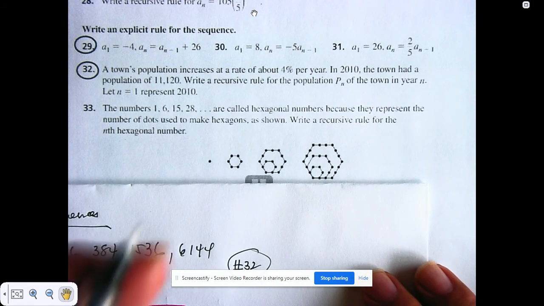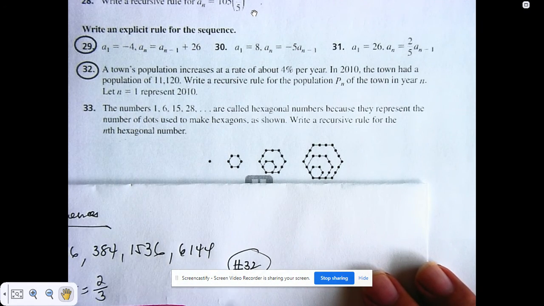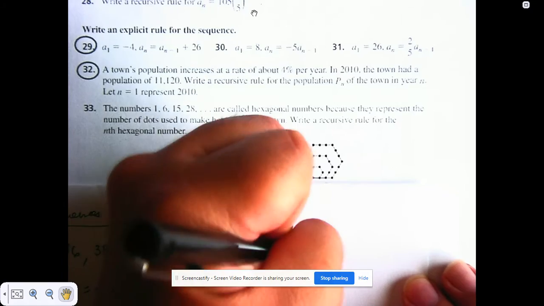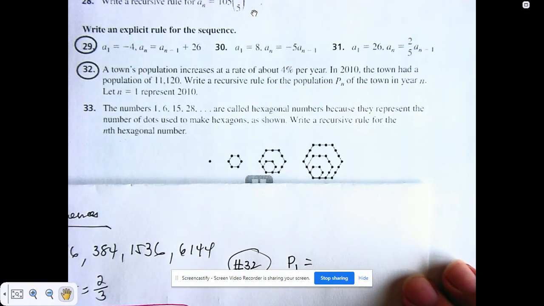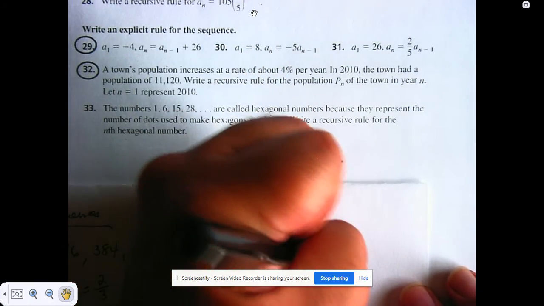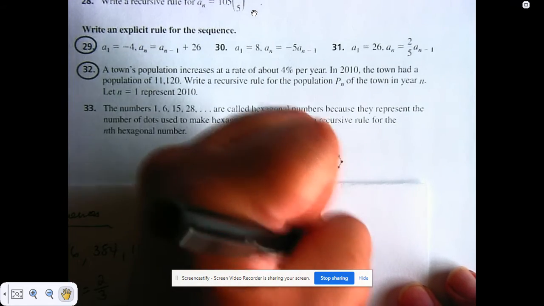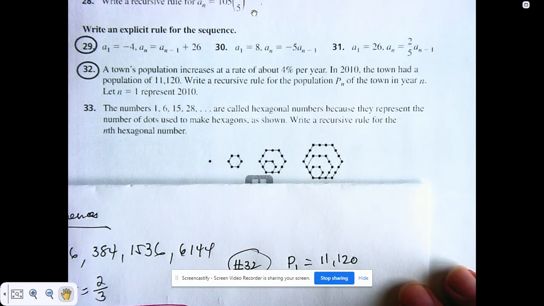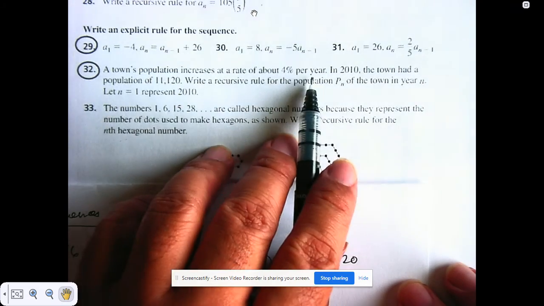Because it's a recursive sequence, the first term is 11,120. Notice it's increasing at a rate of 4% per year, so it's a geometric sequence.